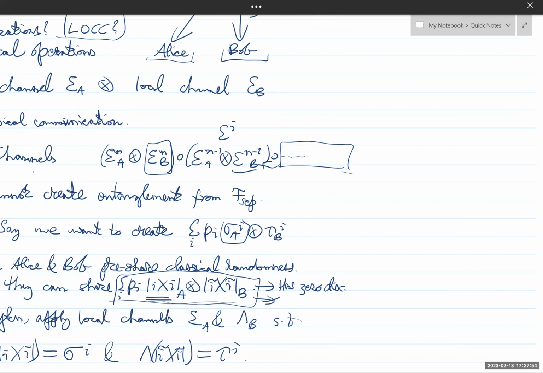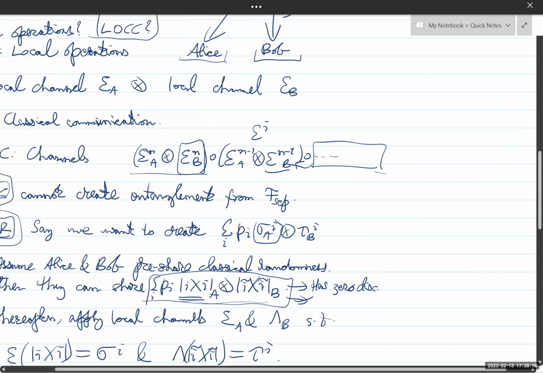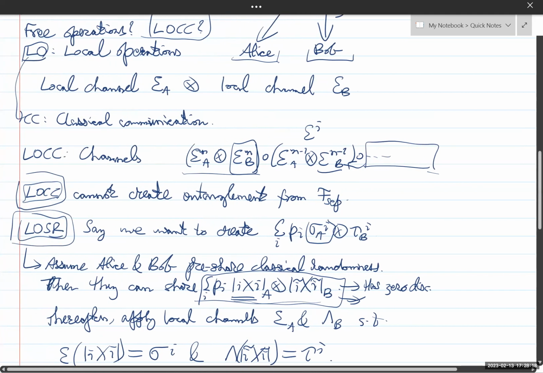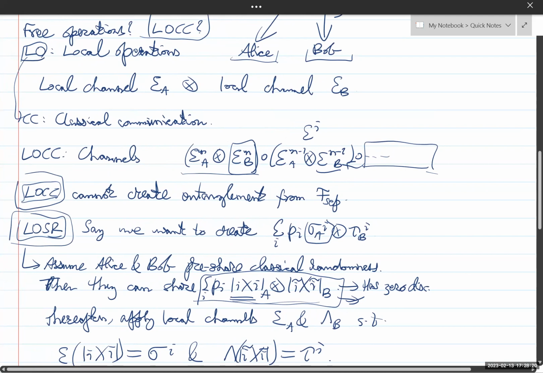And because LOCC just by definition allows an arbitrarily large number of rounds, really we're thinking of the closure of all of these things with arbitrarily large n, and that's a very ugly kind of beast to understand.